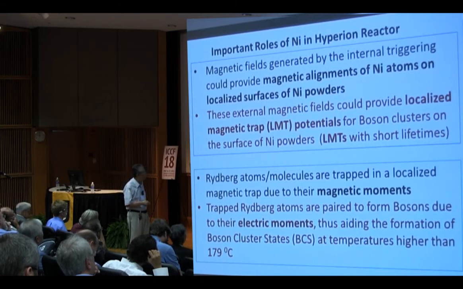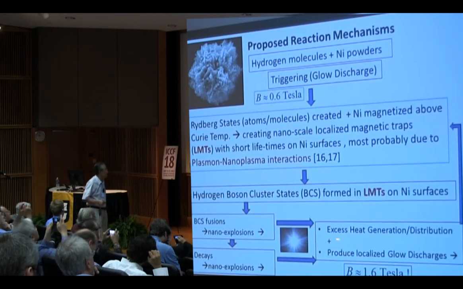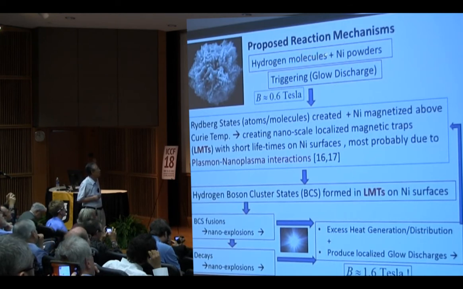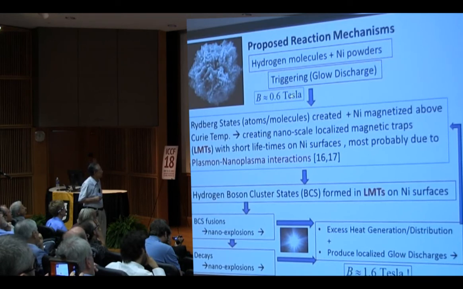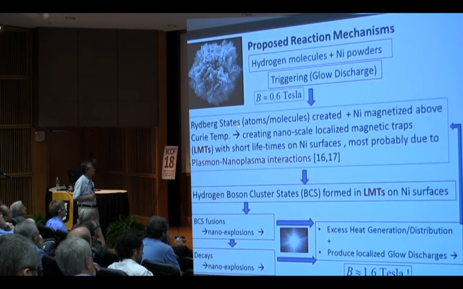Okay, this is a very important slide. We have a hydrogen molecule and a nickel powder like that, and you do the plasma glow discharge to create a 0.6 Tesla magnetic field. This glow discharge will create excited hydrogen atoms, which is called the Rydberg state.